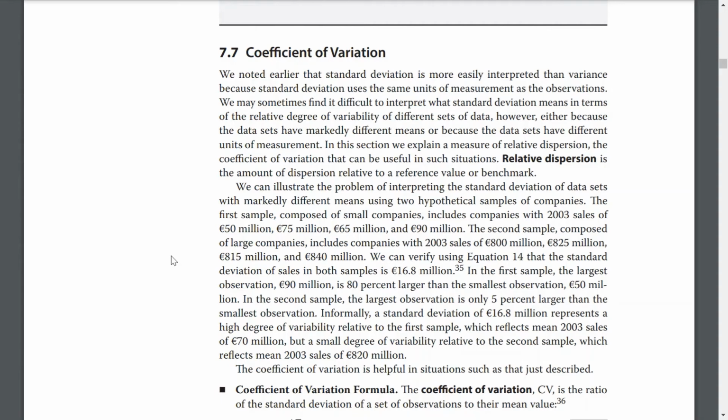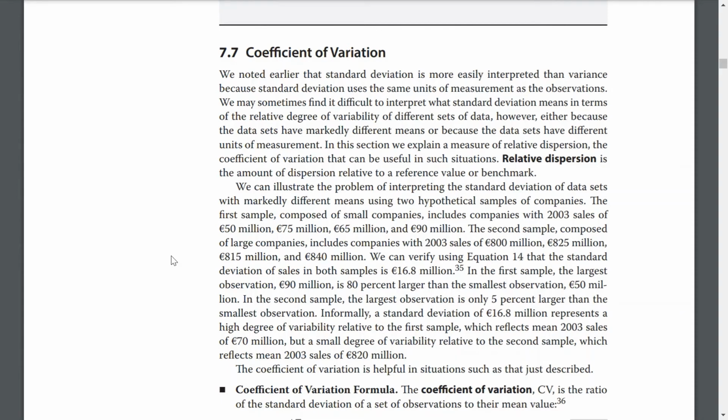We can illustrate the problem of interpreting the standard deviation of data sets with markedly different means using two hypothetical samples of companies. The first sample, composed of small companies, includes companies with 2003 sales of 50 million, 75 million, 65 million, and 90 million.